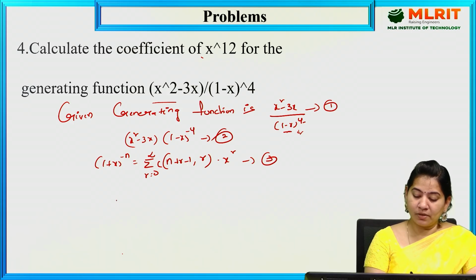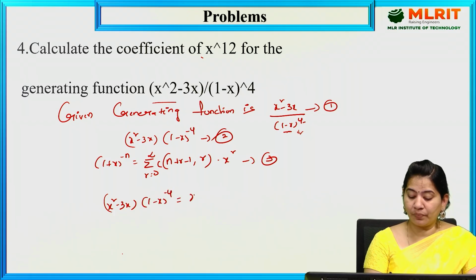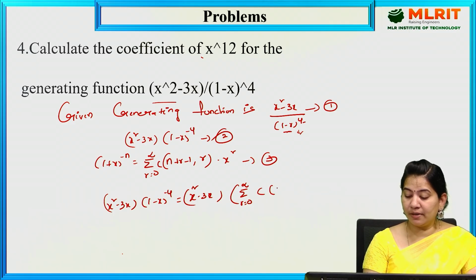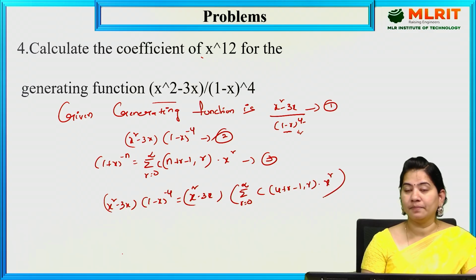Then x square minus 3x into 1 minus x whole power minus 4 is equal to x square minus 3x into sigma r equal to 0 to infinity C of n plus r minus 1 comma r, where the n value is 4, into x power r.